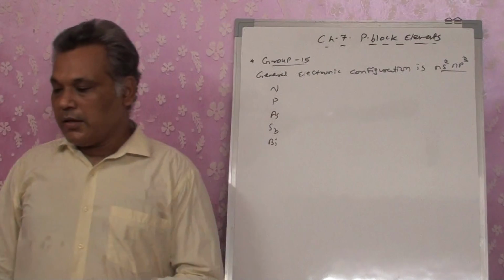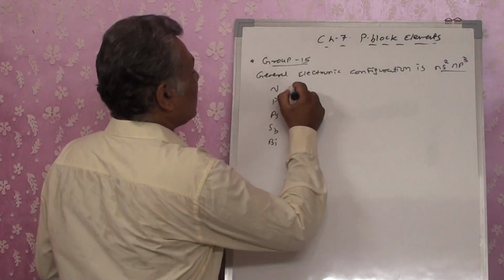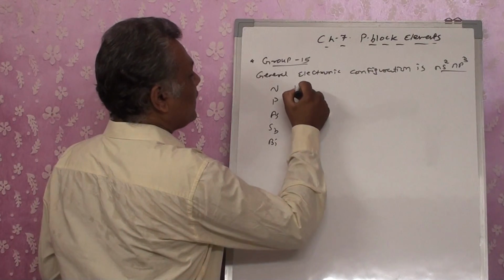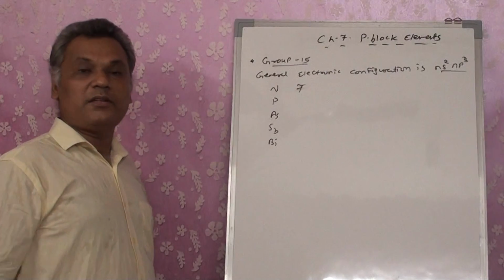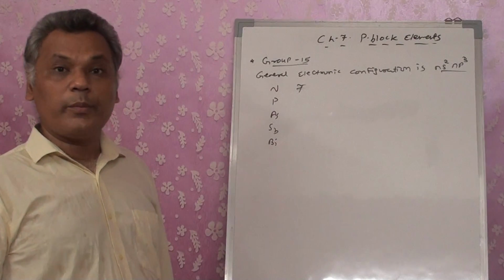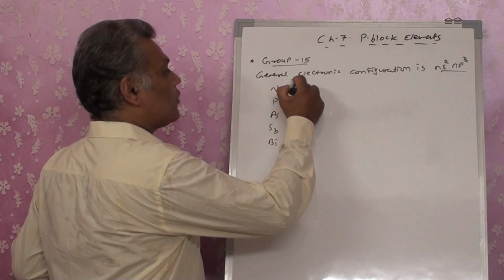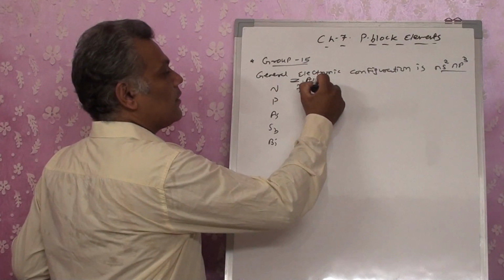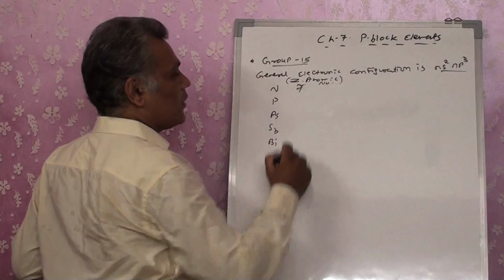N, P, As, Sb and Bi. Nitrogen, it means Z we will be getting as 7. Now see, this is a general trend that we want to remember, right? We want to know its atomic number. This is your Z, that is atomic number. Now how to remember it?